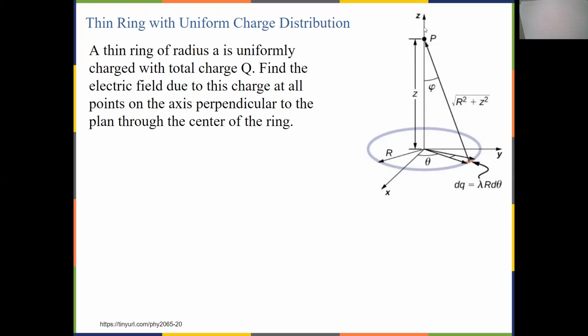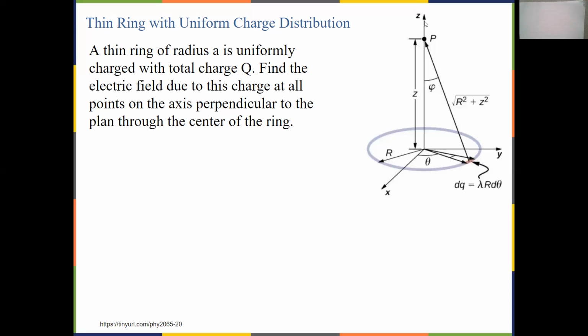In the xy plane, in any direction, the electric field from the opposite side of the ring cancels out. So the total electric field at any point on the z axis will be just in the z direction, and we can focus on the z component.